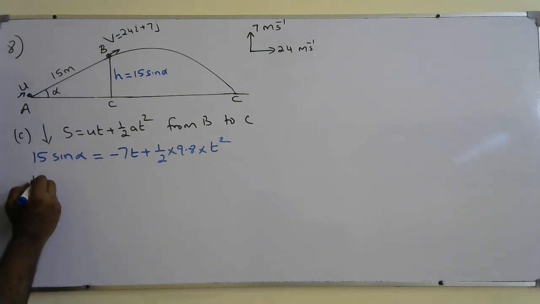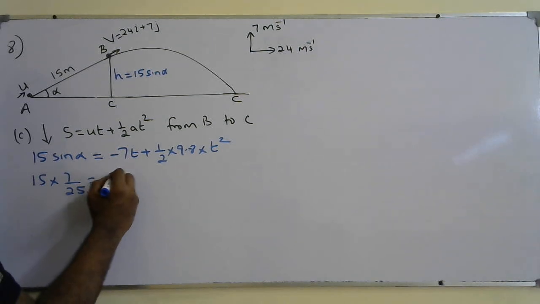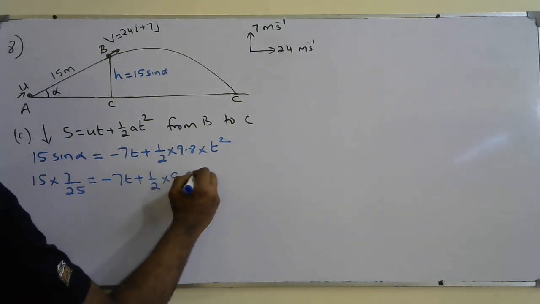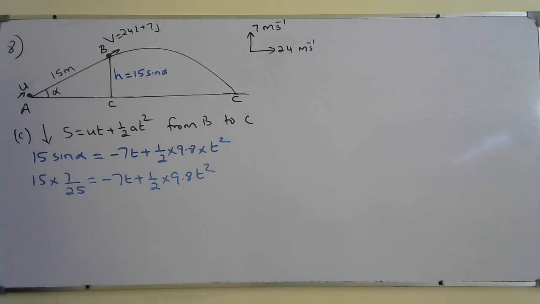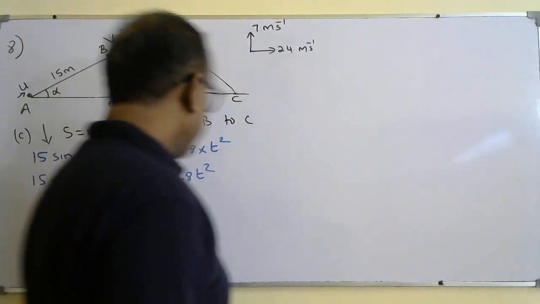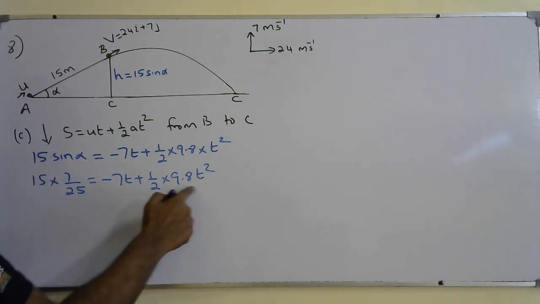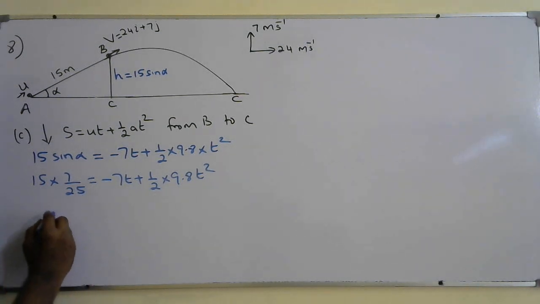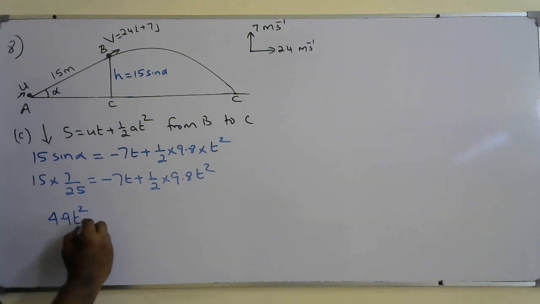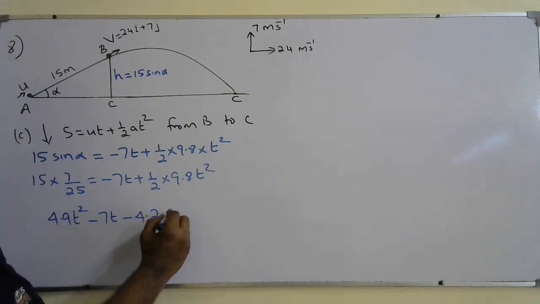So 15 times 7 over 25 equals minus 7t plus half into 9.8 t squared. Rearrange it and get a quadratic equation. You will get 4.9, half into 9.8, 4.9 t squared minus 7t minus 4.2 equals 0.